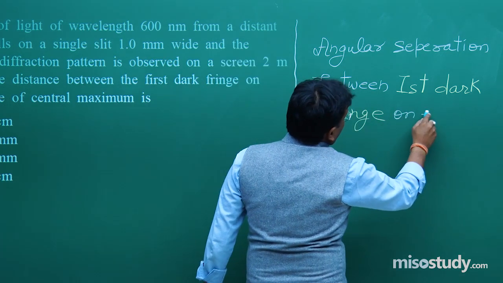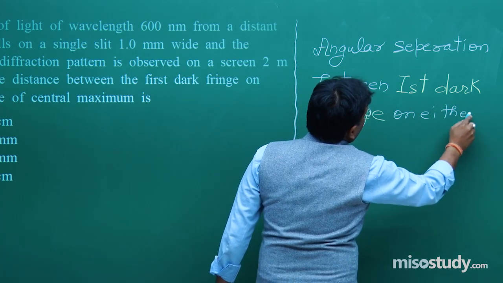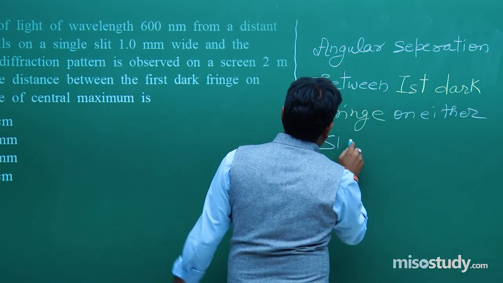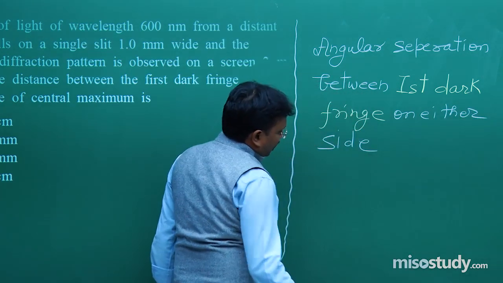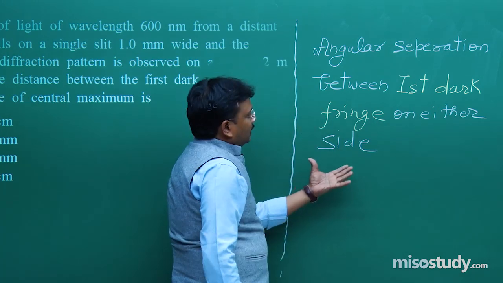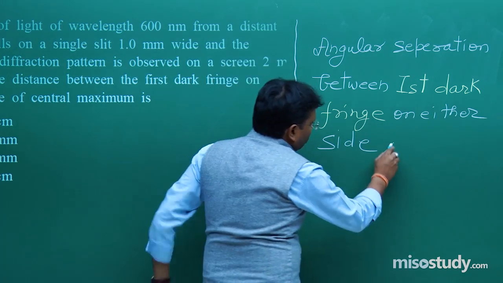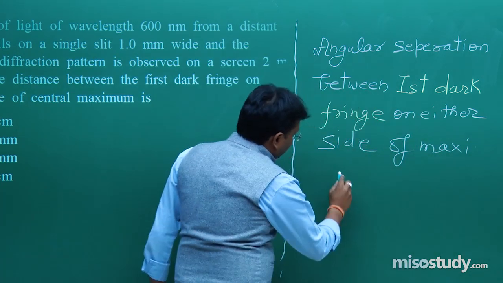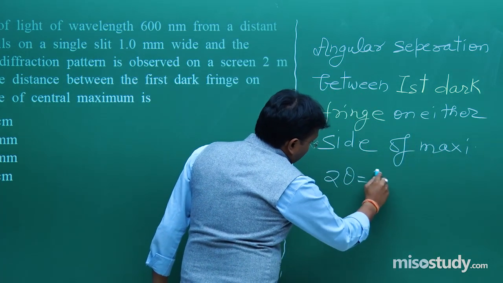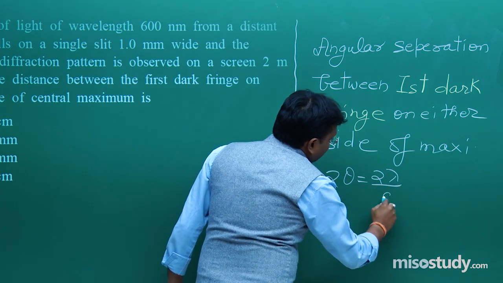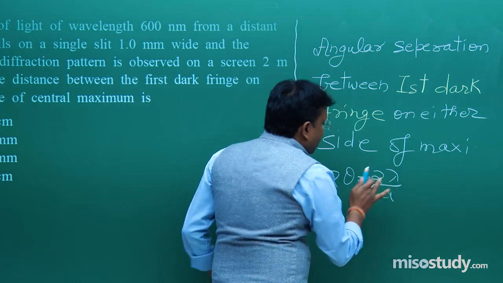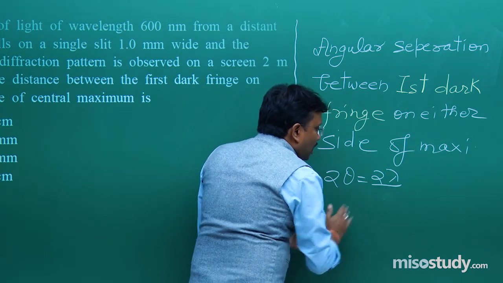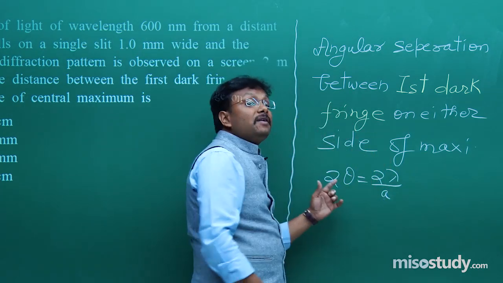It is 2 theta is equal to 2 lambda upon a. Basically, this formula I used in the previous video also.